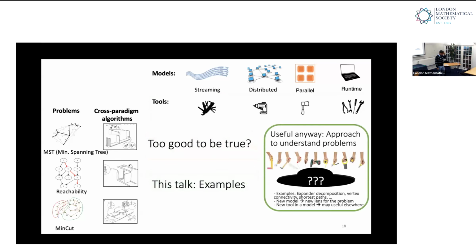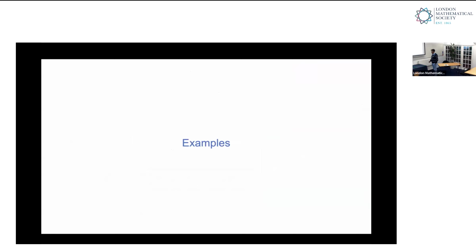And I feel that if you study a problem through the lens of multiple computation models, you will know more about the hardness of the problem than if you try to do it from one specific computation model. And I will say more about it very soon.